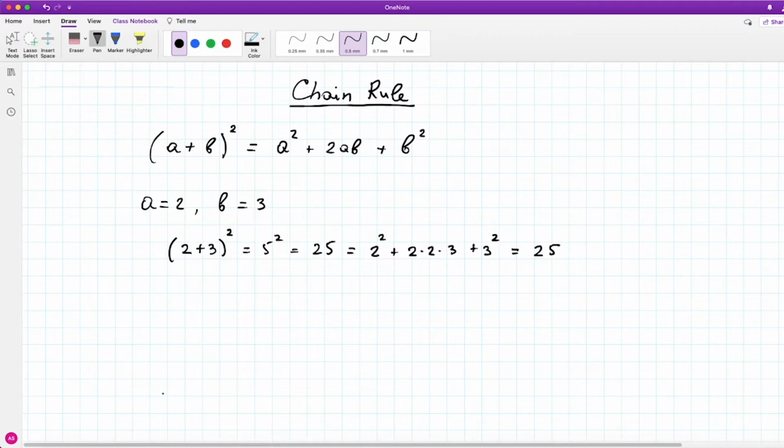Note also that we can substitute instead of a and b not only numeric values, we can substitute expressions containing the same variables, a and b, or some other variables.